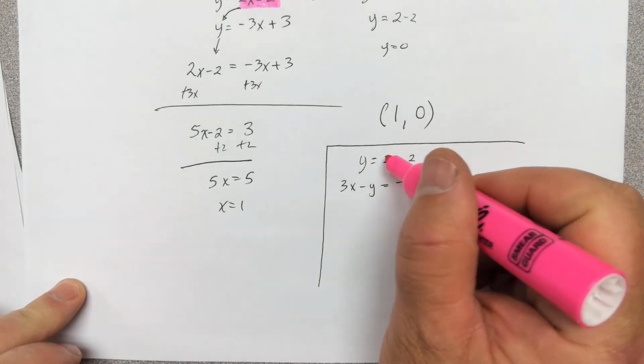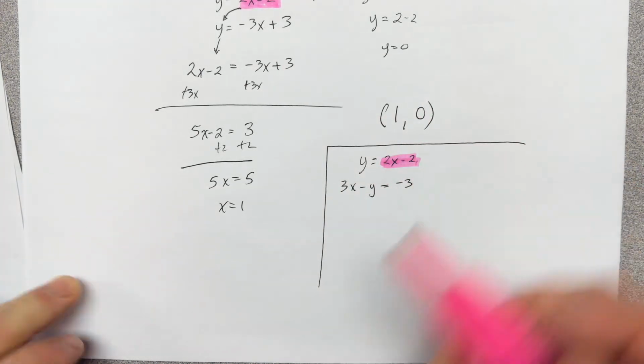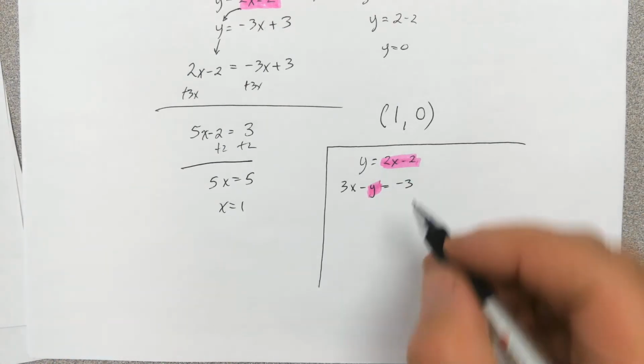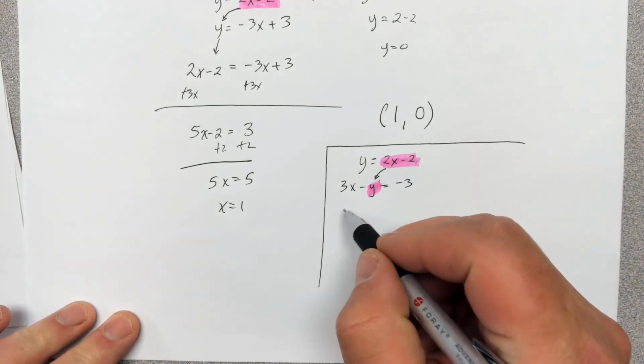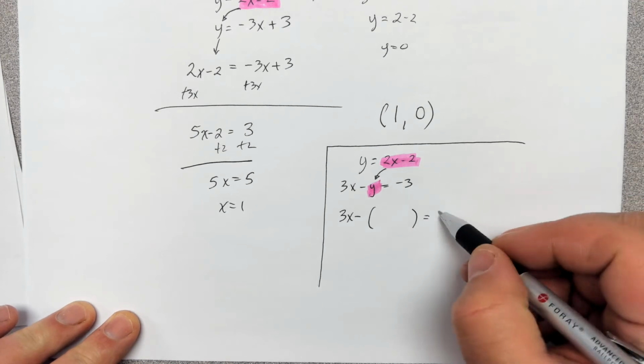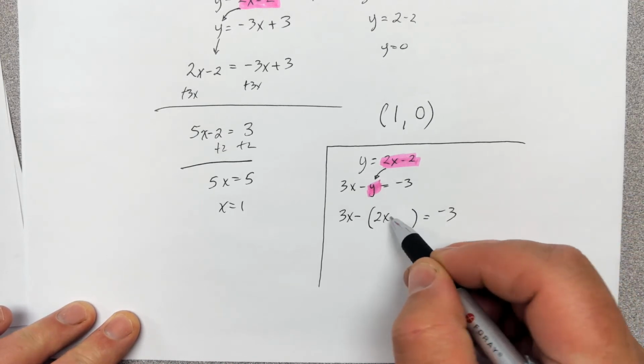Here y equals 2x minus 2, and here's y. You have to use parentheses, otherwise you'll mess up. So 3x minus, then your parentheses with 2x minus 2, equals negative 3.